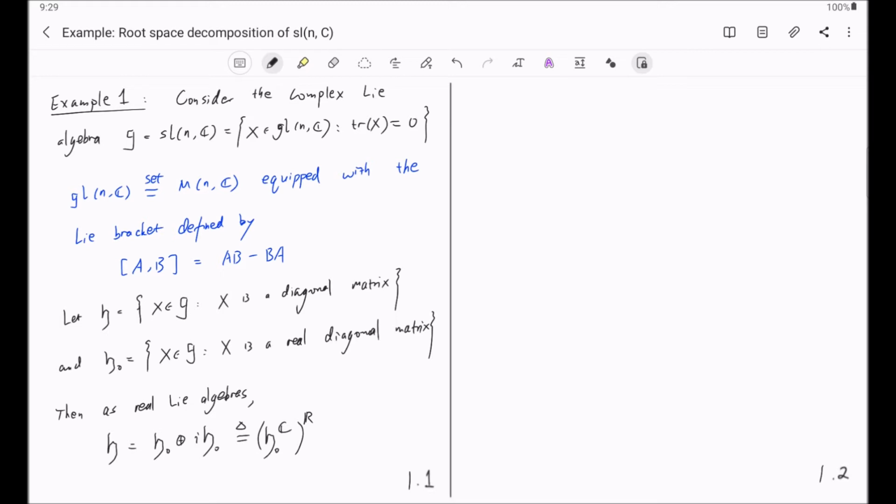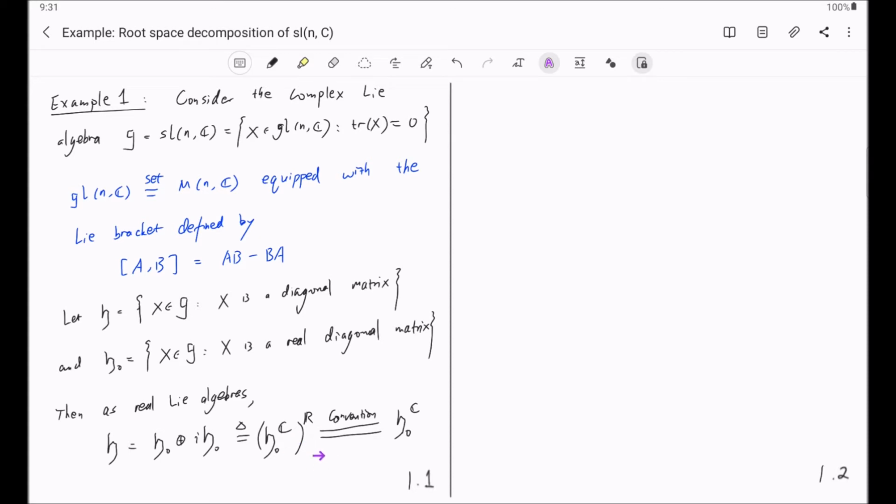However, mathematicians are lazy, so by convention, this complicated notation can also be simplified to just h_0's complexification, as long as it is well understood that we are studying those as real Lie algebras.